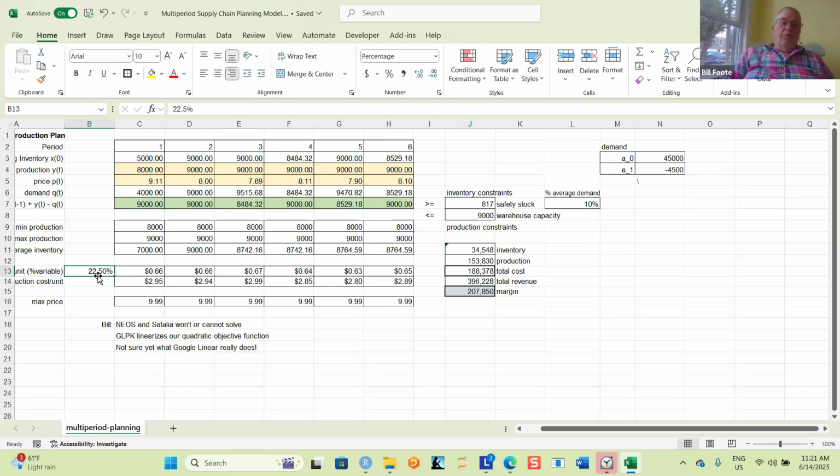They had to know from 6th grade how to do what's 22.5% of something. Then you get margin. Revenue minus cost is margin. Now this is our objective.